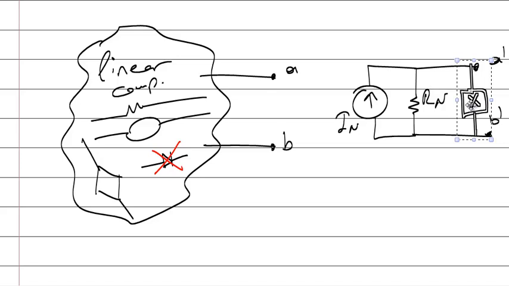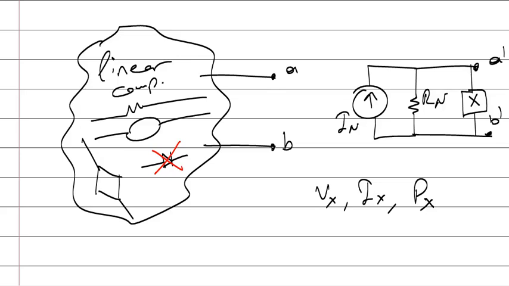Okay, it will behave like it's not changed. It will have the same voltage, it will have the same current, so voltage of X, current of X, or power of X will not change.